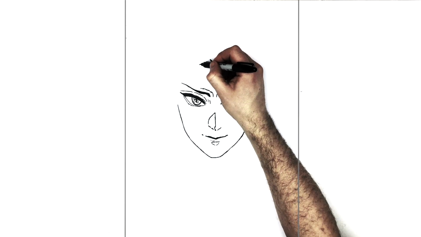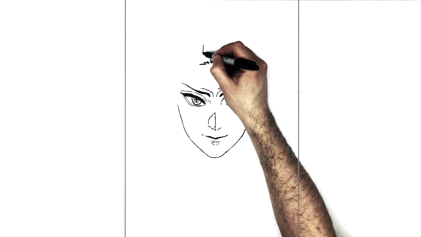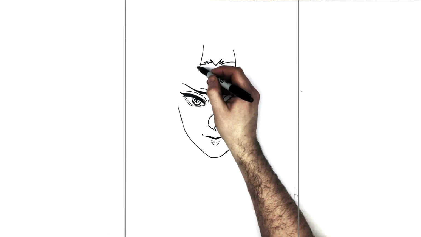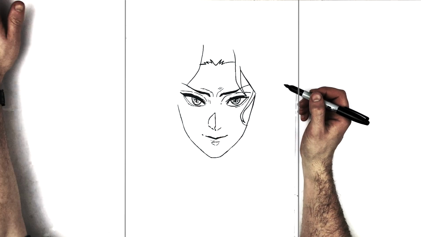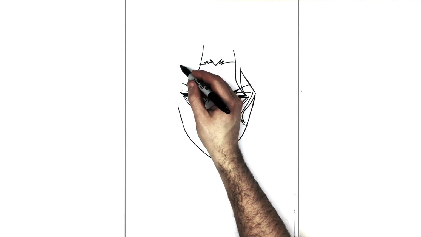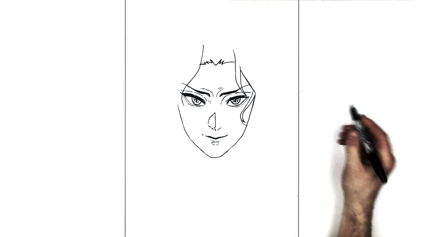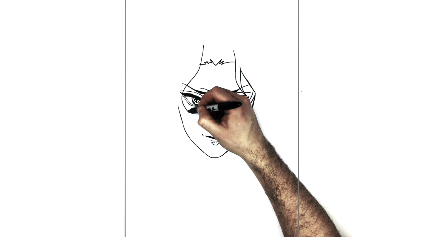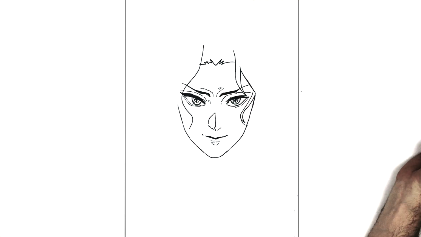It's about there. You can see less of this because there's a piece of hair that comes down this way, down across his eyebrow. Like so. Curving around, back in to here.